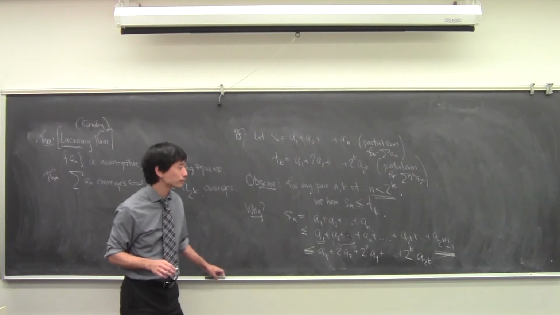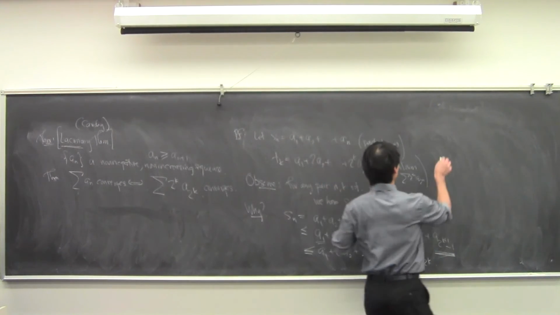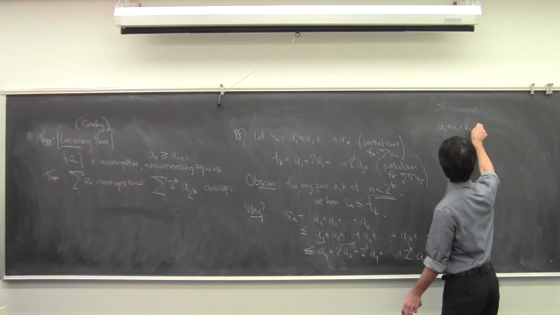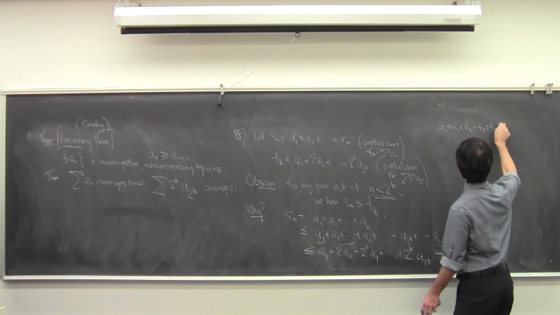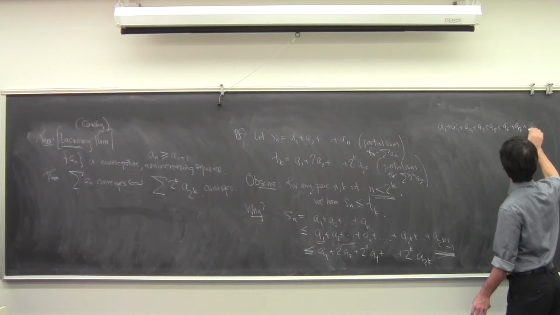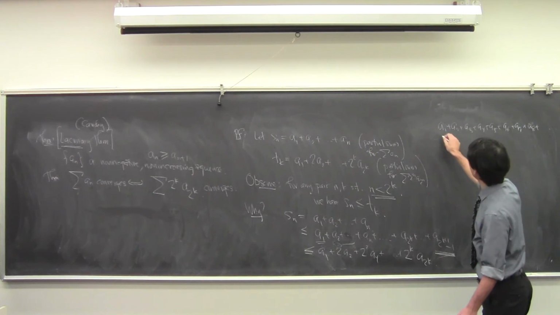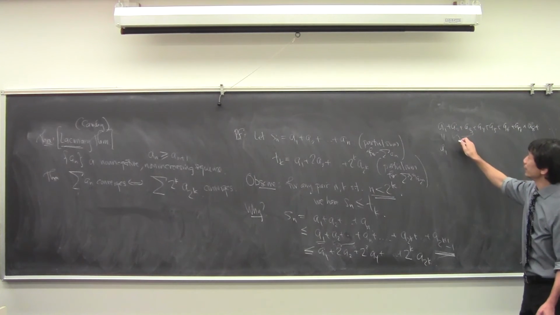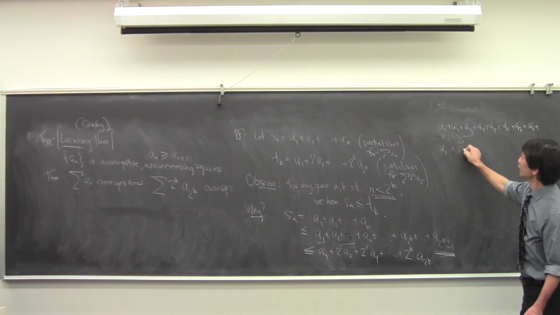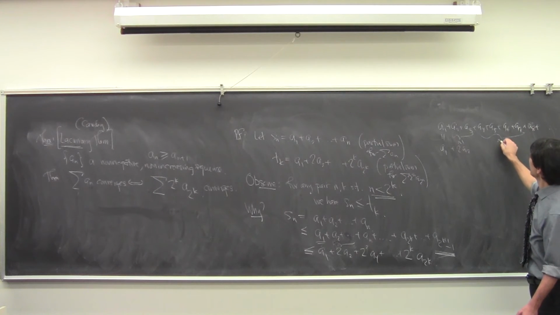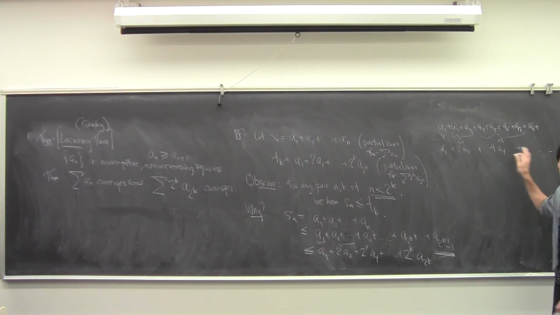Right? Okay, so let me make it a little bit clearer. a1 plus a2 plus a3 plus a4 plus a5, a6, a7, a8, and so on. This thing, of course, is a1. Now these guys are decreasing, so this is smaller than 2 a2. I take the next 4 terms. This is smaller than 4 a4, and so on and so forth.